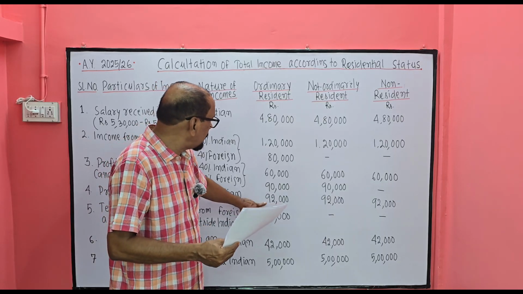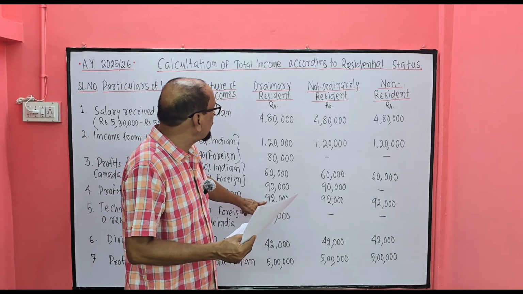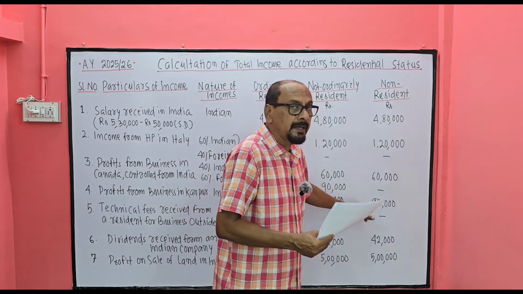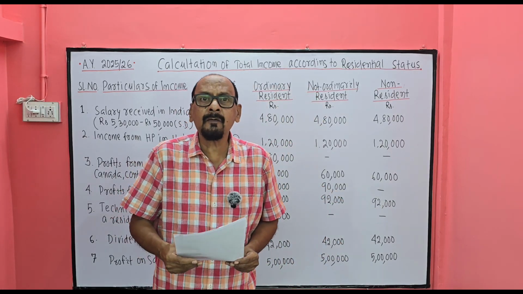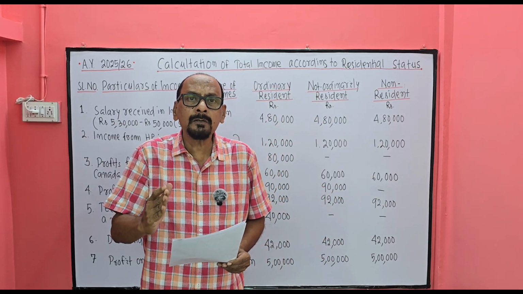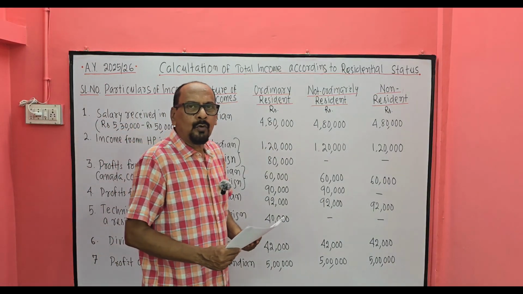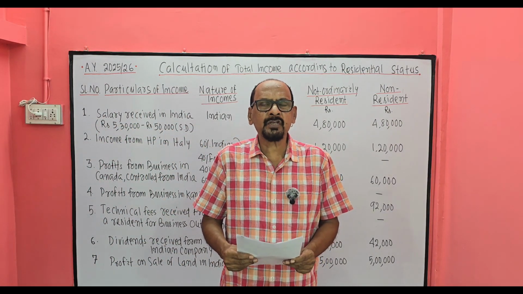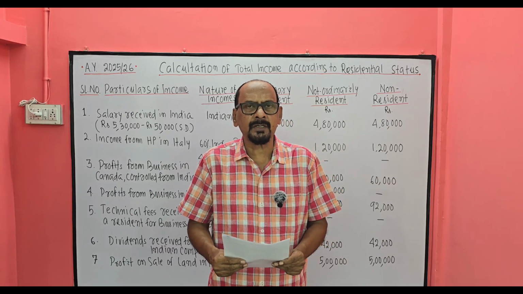That is 92,000 taxable in case of an ordinary resident, not ordinary resident and non-resident. As it is an Indian income, it is taxable in all three cases. We are discussing the computation of total income based on residential status.